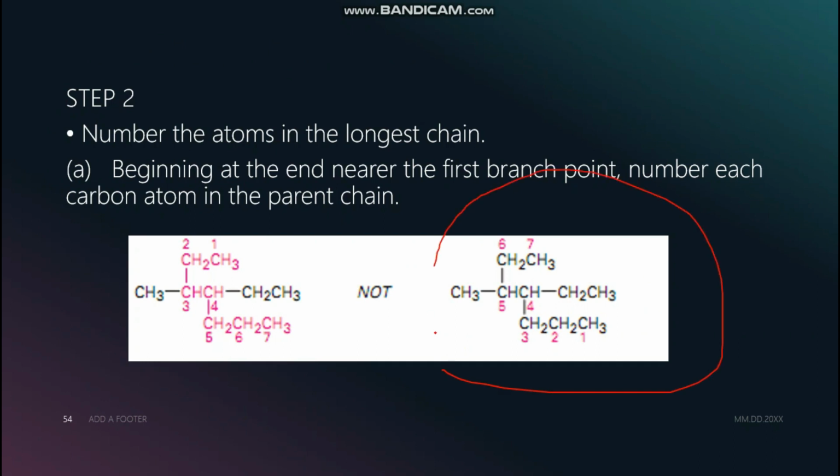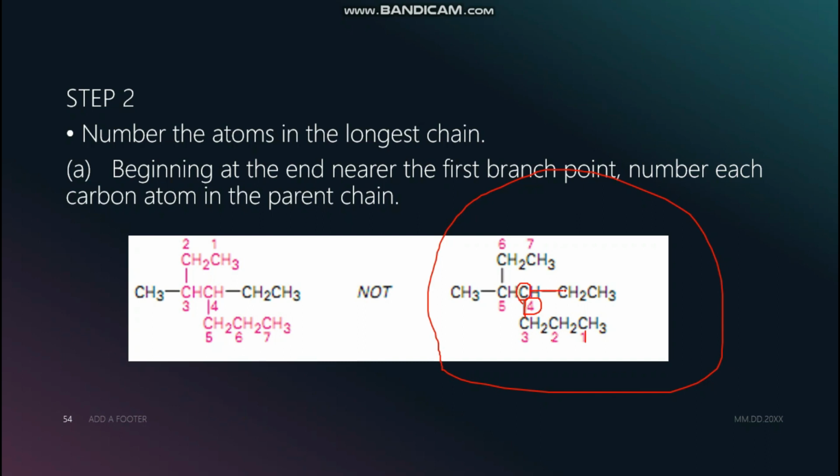Let's have this one first. If we count the carbons from here, 1, 2, 3, 4, 5, 6, 7, the first branch point is the number 4 carbon, this one.